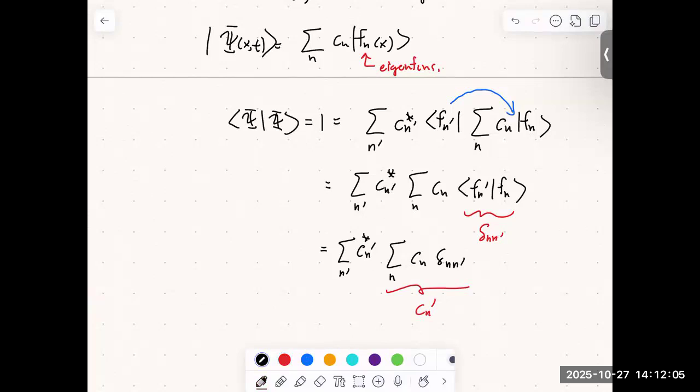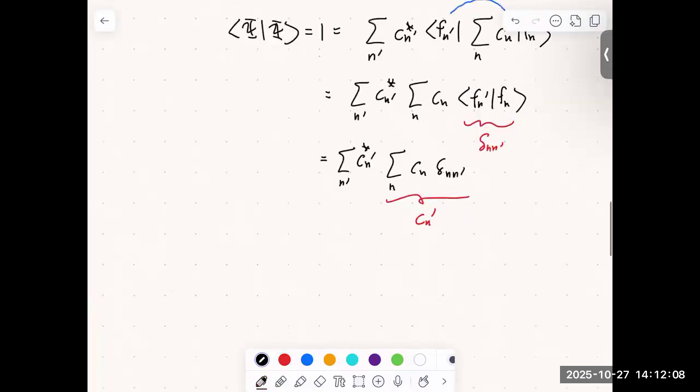Complex conjugate. All right. And so therefore, this is equal to the sum over n prime of Cn prime star times Cn prime. Now that I have just a sum over a single variable, whether I have the prime there or not doesn't matter, so I could drop the prime: the sum of Cn squared, and all of that has to be equal to 1.